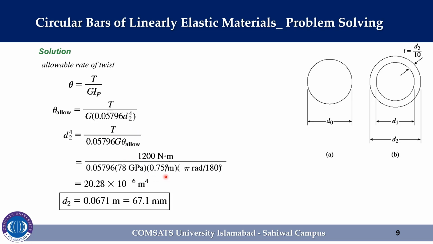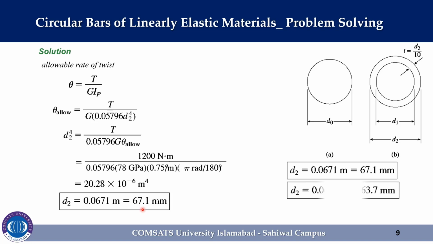Convert allowable rate of twist into radians and performing simple calculations, d2 will be 0.071 meter or 67.1 millimeter, which is the required diameter based upon the rate of twist. Now comparing the two values of d2, we see that the rate of twist governs the design and the required outer diameter of the hollow shaft is 67.1 millimeter.